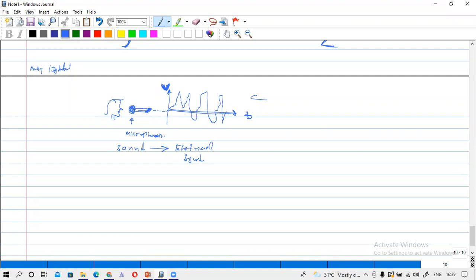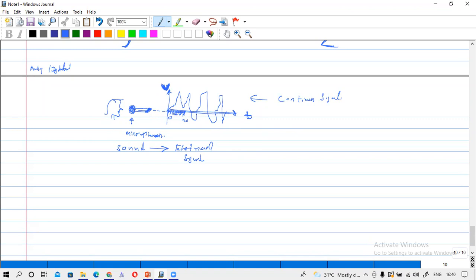This is a continuous signal. That means if you consider any two time instants, within that period there is an infinite number of values, and we can't count them. So we call this a continuous-time signal.